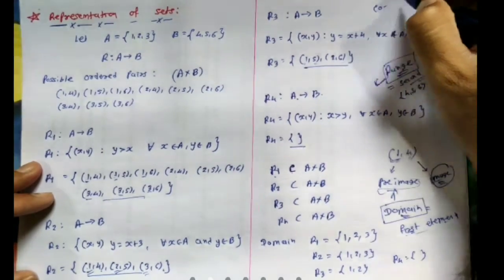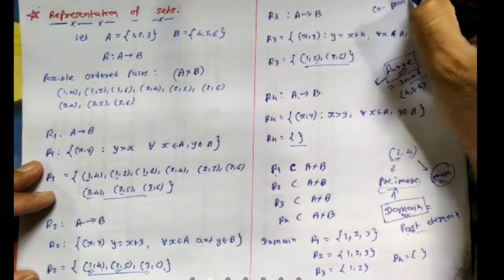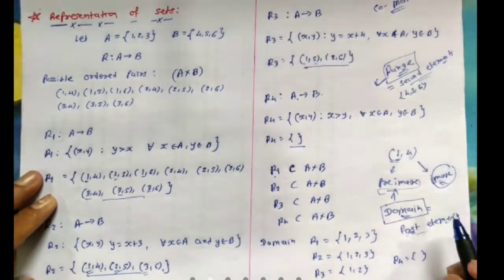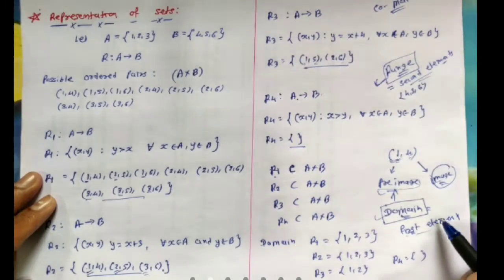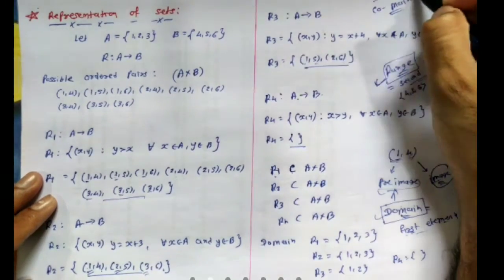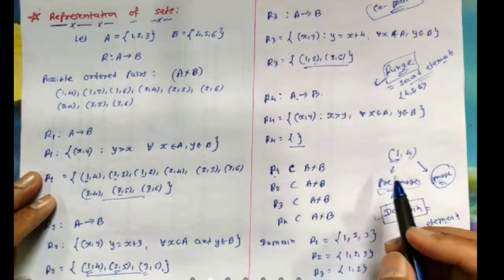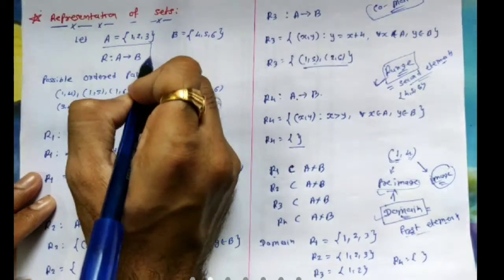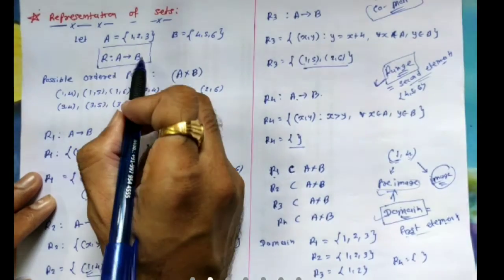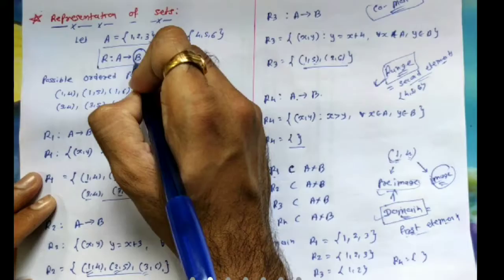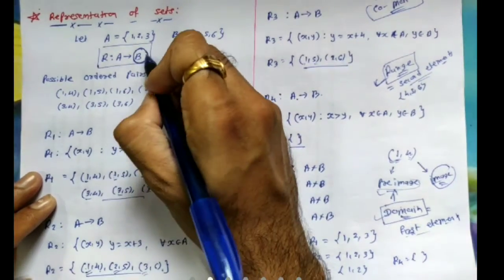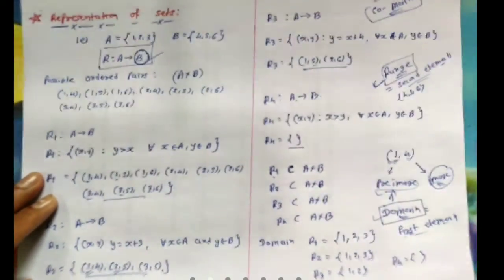And then one concept was codomain. Codomain was there. So what is domain and codomain? Domain is the set of all the first elements, and codomain is nothing but, for example, we are defining the relation R from set A to set B. So here, the second set on which we have defined our relation, that second set is known as codomain.